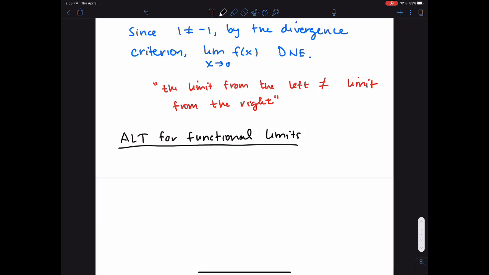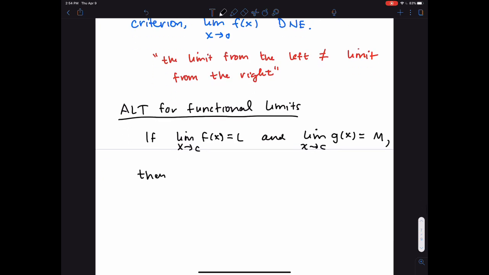That's just saying that if we know that the limit as x goes to c of f of x is L, and that the limit as x goes to c of g of x is equal to M, then we can do constant multiplication, we can add limits together, we can subtract them, we can multiply, and we can divide, provided that the limit we're dividing by is non-zero.